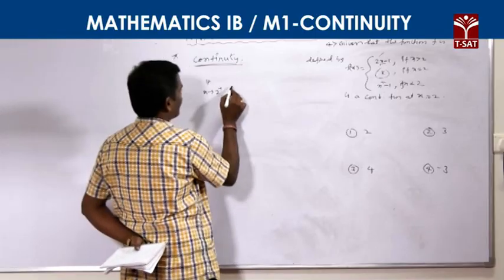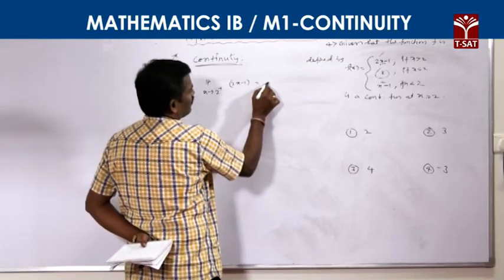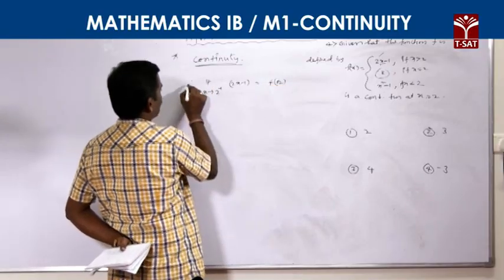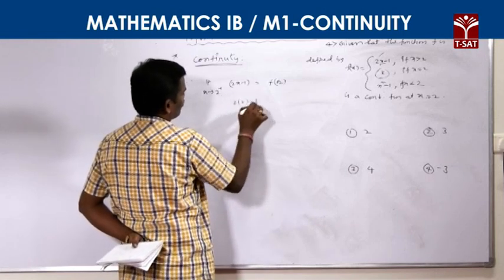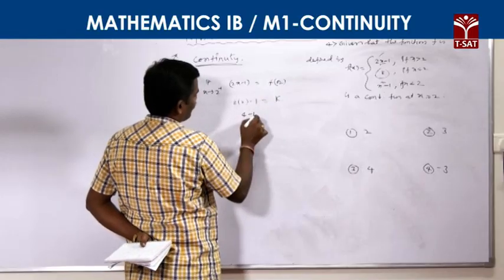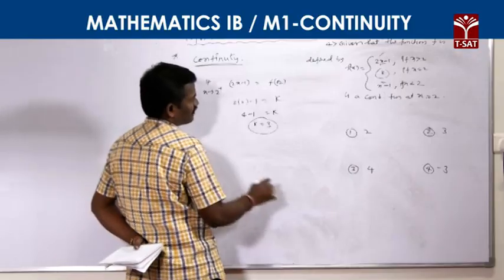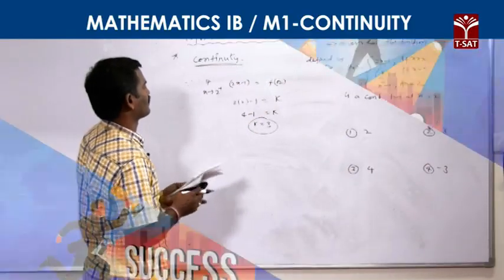What is the function? 2x minus 1, equals f of 2. We need to take it directly. So what is the answer here? 2 approaches 2, 2 times 2 is 4, 4 minus 1, that equals f of 2, which is k. So 4 minus 1 is 3. K is equal to 3. So what is the option? Second option. So the second answer is the correct answer for this question.